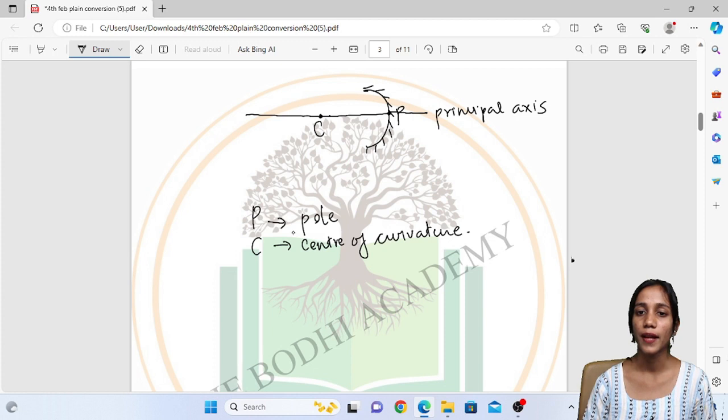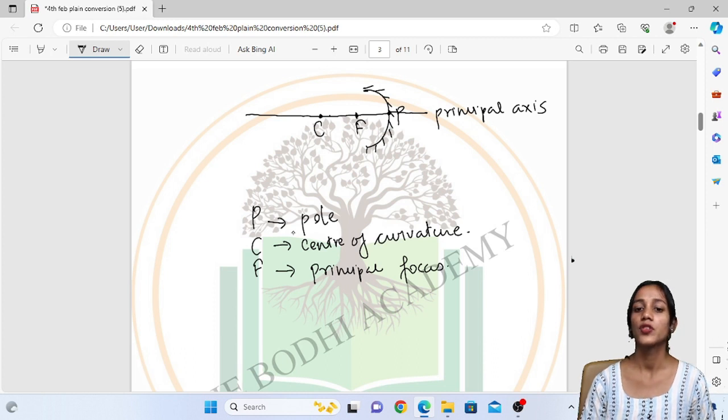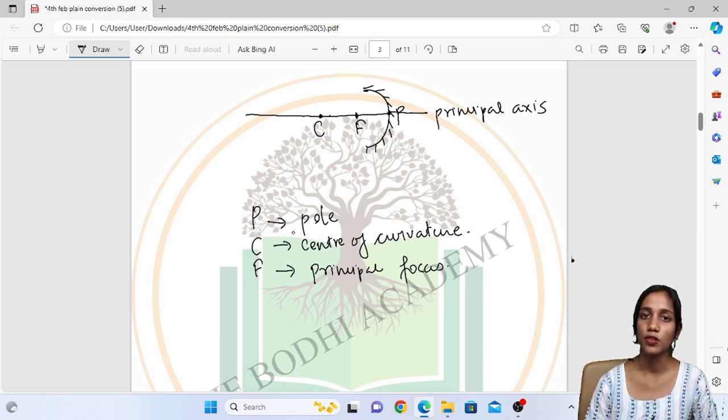Now exactly at the midpoint of the distance between these two lies the principal focus, given by F. So we have three measurements: the pole, the center of curvature, and the principal focus.